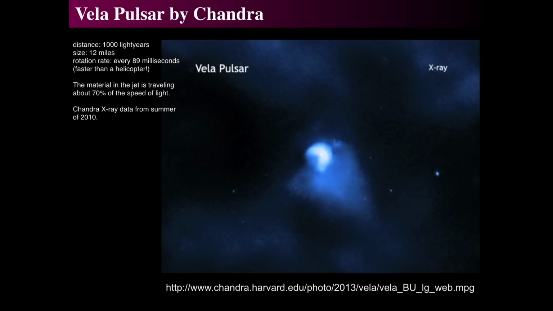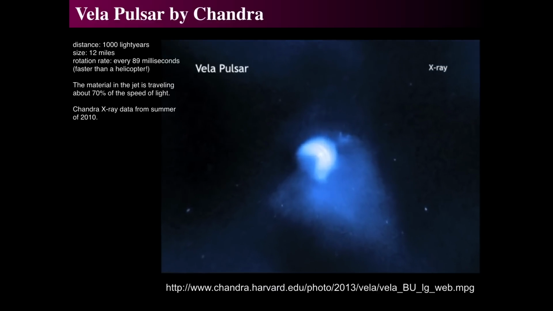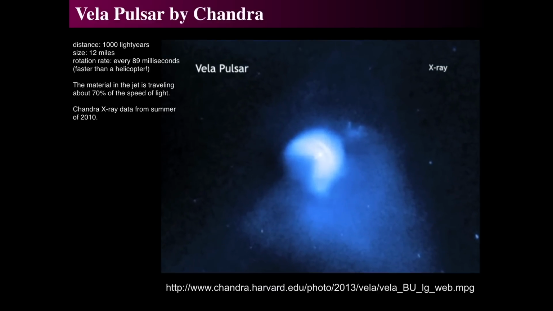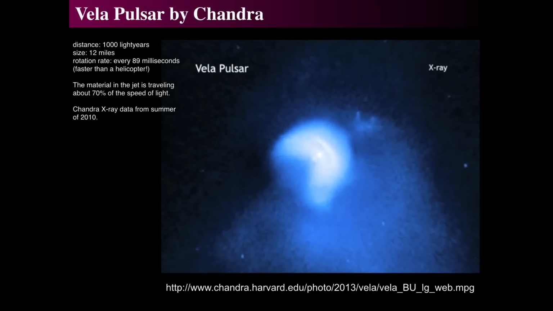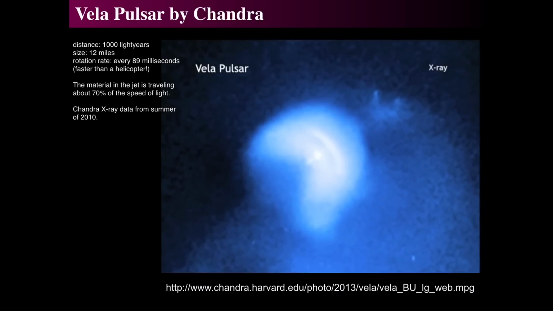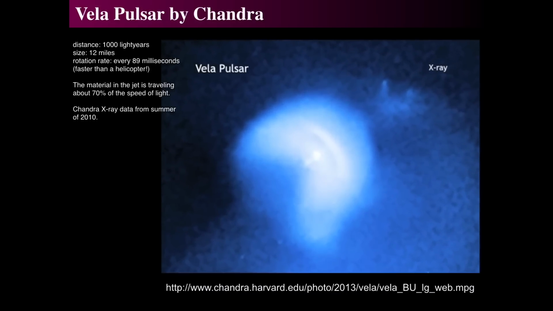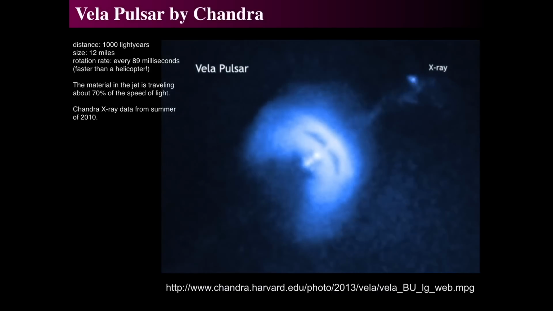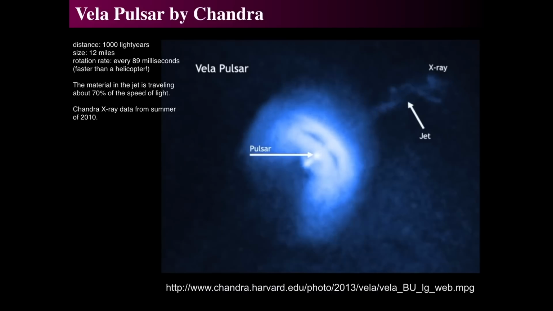Now, the Vela Pulsar itself is also deeply studied by Chandra, so now we're going to zoom in on the central pulsar that created the supernova remnant we saw, and that thing actually moves over time. So there's a central object, and there we see the motion of the Vela Pulsar. We see the jets moving out at approximately 70% the speed of light. The pulsar is deep in the center, and we see the material rocketing away from the disk that makes it.